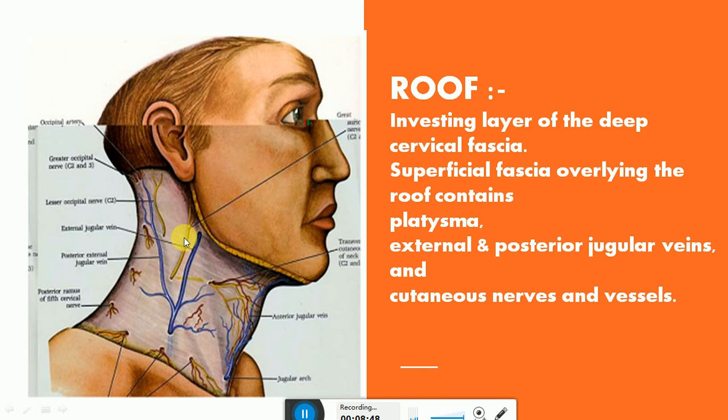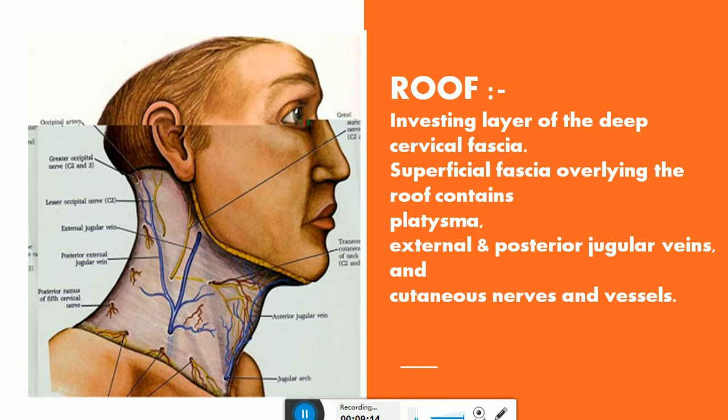Along with that you can see few nerves. These are cutaneous nerves, and below this superficial fascia we have investing layer of deep cervical fascia. So what all structures we have seen in roof? We are moving from outside to inside. First structure in the roof is skin.